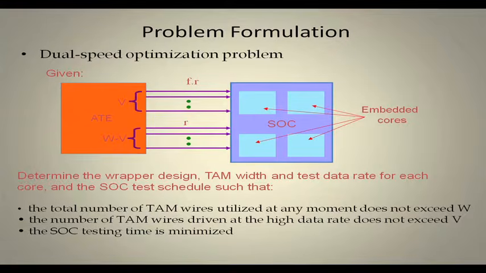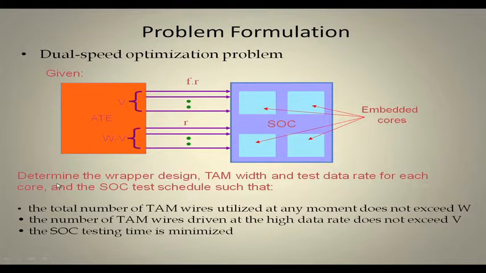The basic idea is like this, suppose we have a dual speed optimization problem. This ATE has V number of channels which can operate at a high data rate f into r, and it has W minus V low speed channels operating at a lower data rate r, and these are the embedded cores that we have.